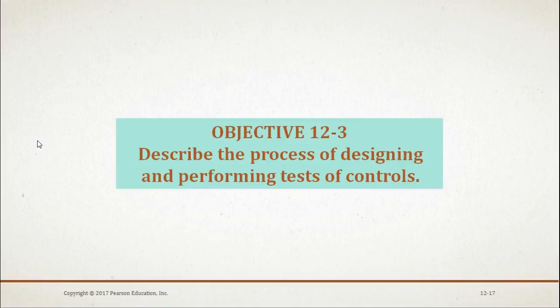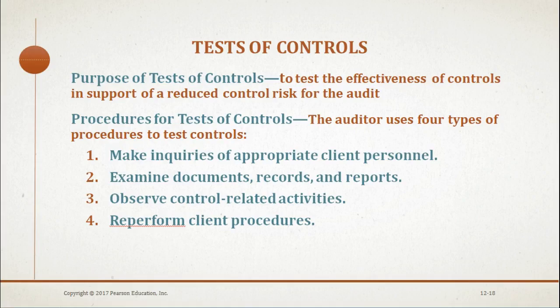We will now discuss the process of designing and performing tests of controls. The purpose of the test of controls is to test the effectiveness of controls in support of a reduced control risk for the audit.